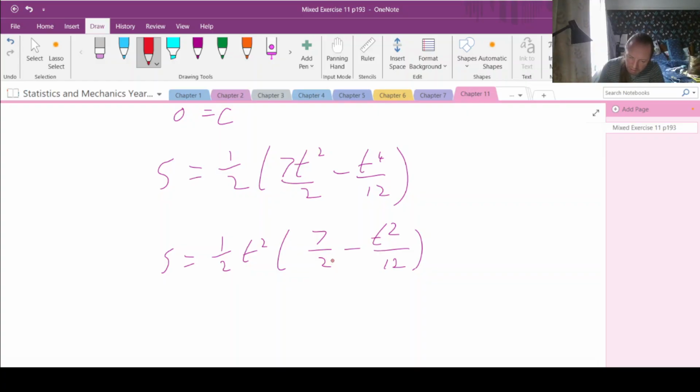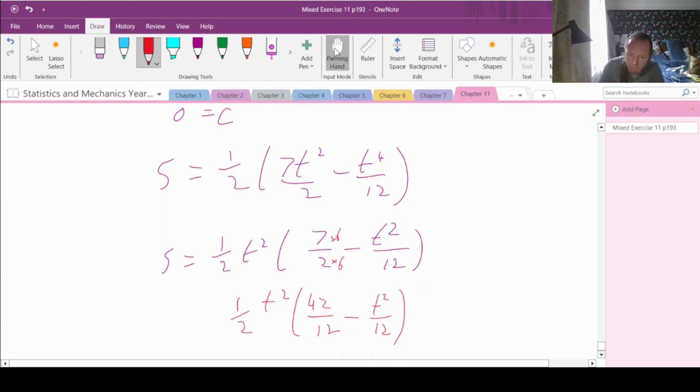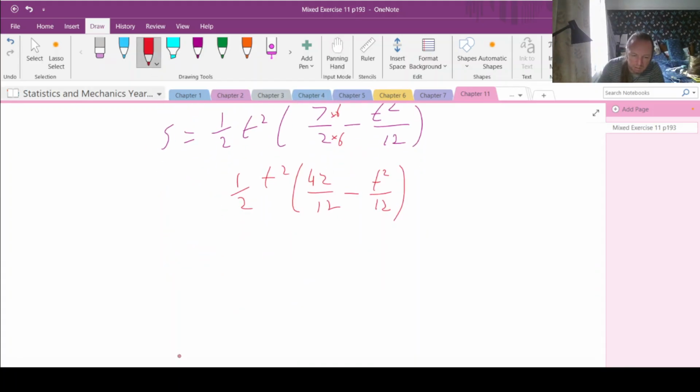Let's make this into times by 6, times by 6. That makes 42. 42 over 12 minus t squared over 12 means I can take the twelfth out on the next step, making that half a 24. Okay, so s equals 1 over 24 t squared times 42 minus t squared.